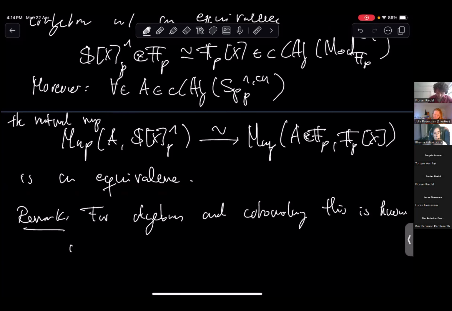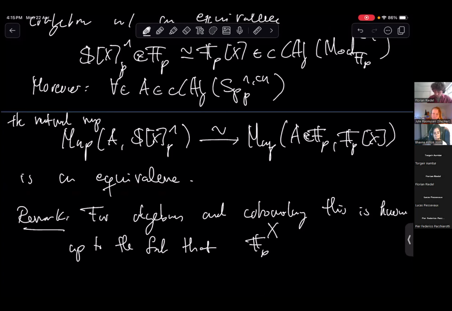The dual statement of this is known, up to the fact that cohomology in general doesn't base change correctly.